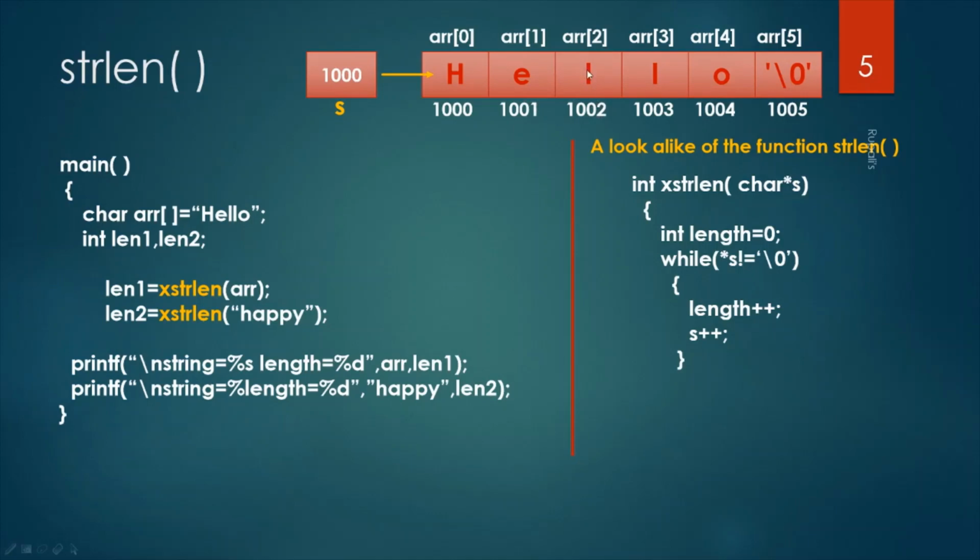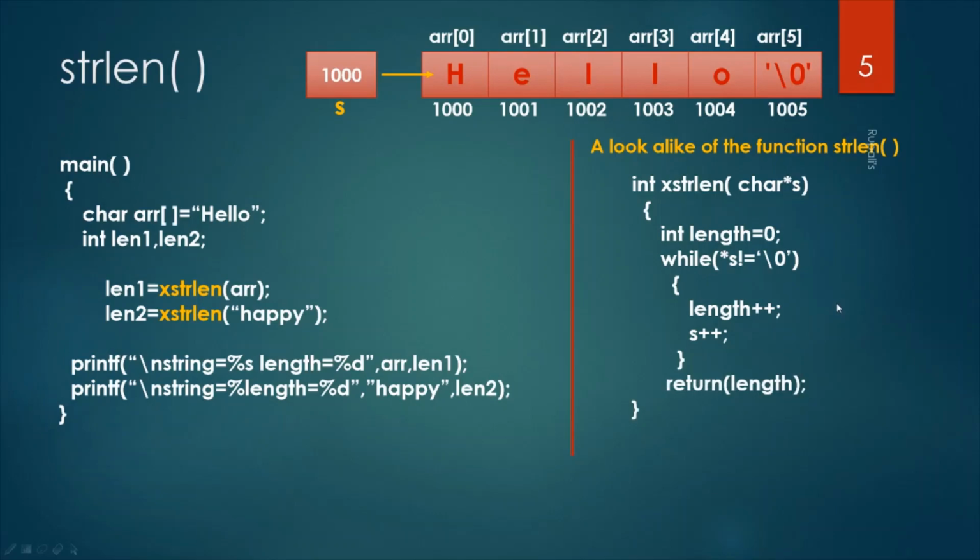Is this '\0'? No. Length++, s++. In this way, this while loop works till we get '\0', and finally we get the length 5 here. The final value of length will be 5, and you have to return the value of length.